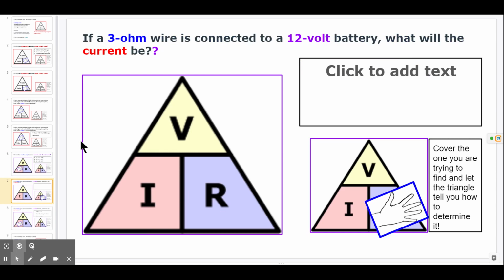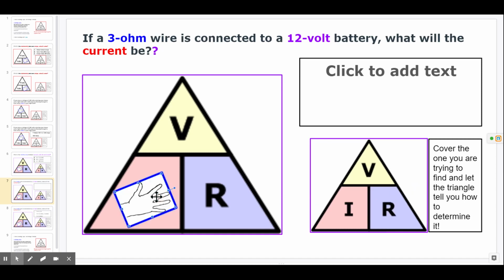If a 3 ohm wire is connected to a 12 volt battery, what will the current be? Okay, so we need to solve for current. If we cover up current, we can find our equation to solve for current. You cover up the answer you need to find, and we see that current equals volts divided by resistance.